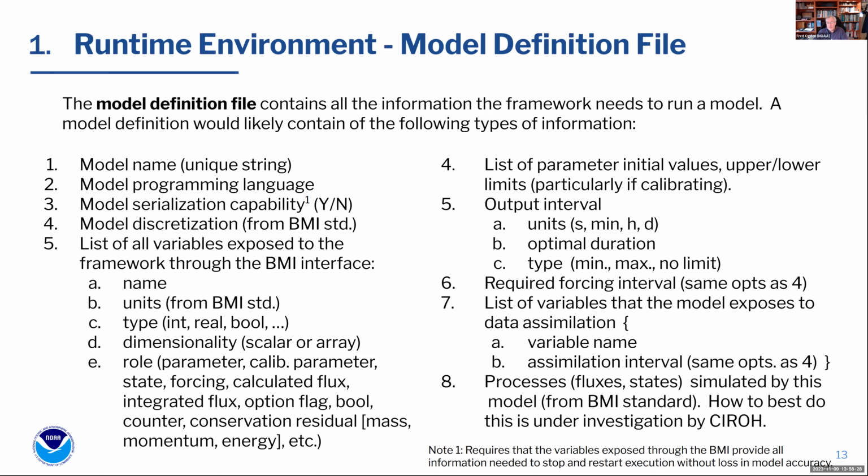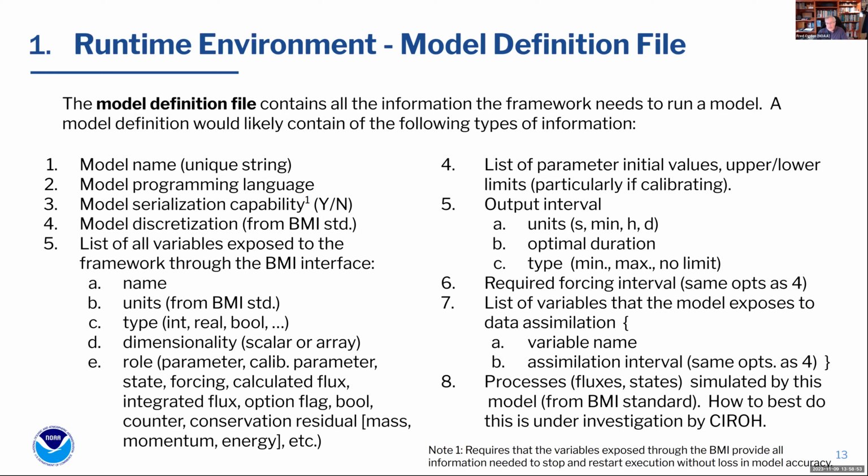The list of variables that the model exposes to data assimilation, the variable name, the assimilation interval with the same time options, and the processes in terms of the states or fluxes calculated that the model simulates. And we're talking about that in the meta-modeling arena.